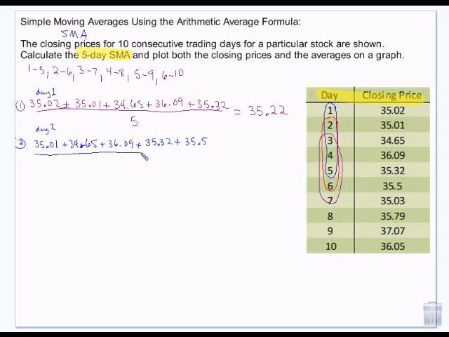Add all those up, divide by 5, and you get 35.31.